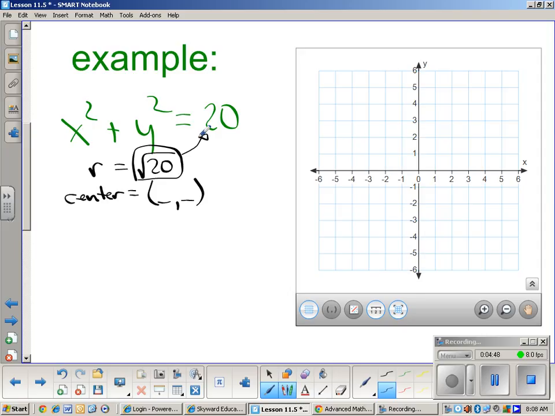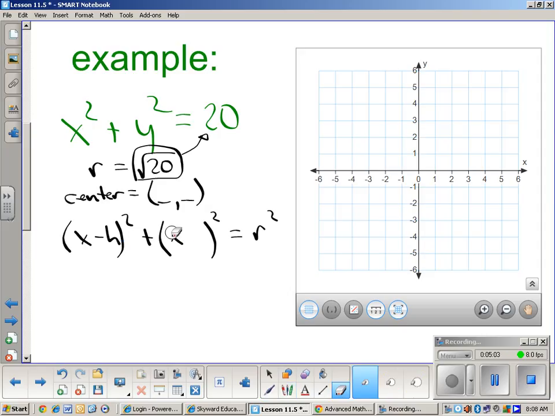And that is correct. Why is it (0, 0)? Well, standard form looks like this, and all we have is x squared plus y squared equals 20.